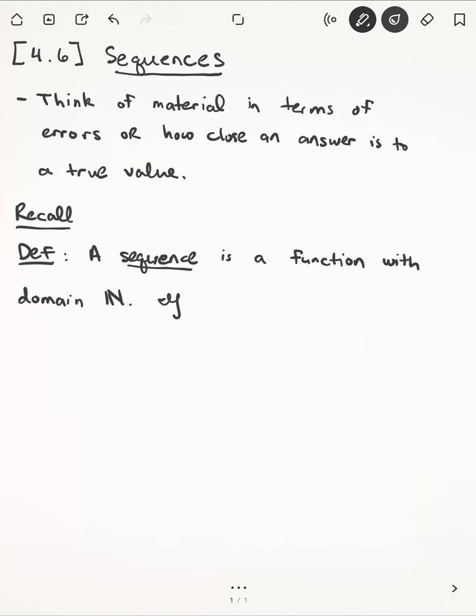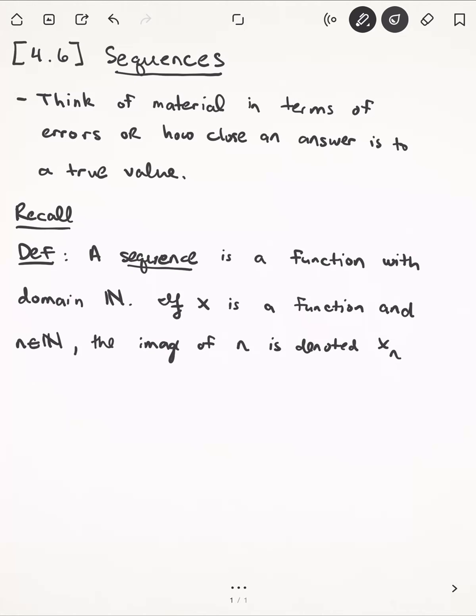So if x is a sequence, and x is acting on a natural number n, the image of n is denoted x sub n instead of x of n.